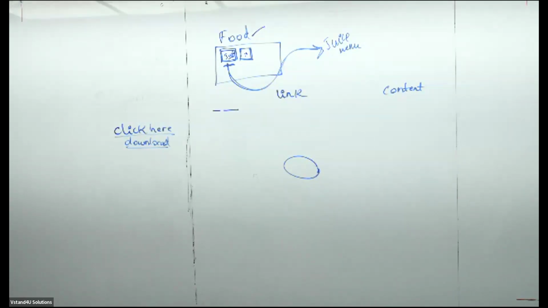So I will use the target attribute equals to blank. This is the attribute I will be using, and then you give some content here such as click here. Ma'am, you just clear this.